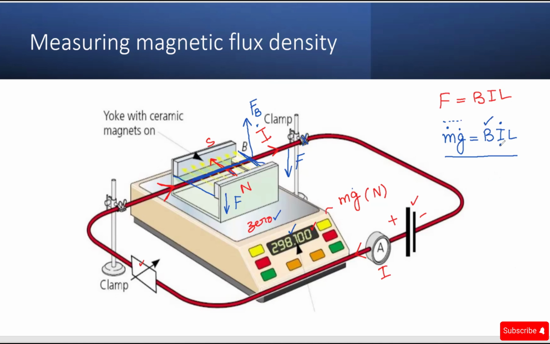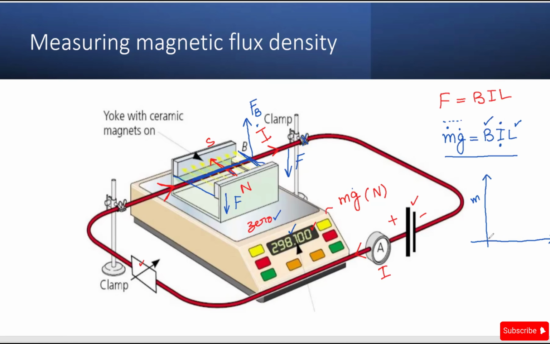We are changing the current, length is constant, the magnetic flux density of the bar magnet is constant, g is constant, and m we are measuring. So the mass that we are measuring is our dependent variable that depends on the value of the current that you are changing. Now we will plot a graph, with current, the independent variable, along the x-axis and mass along the y-axis.